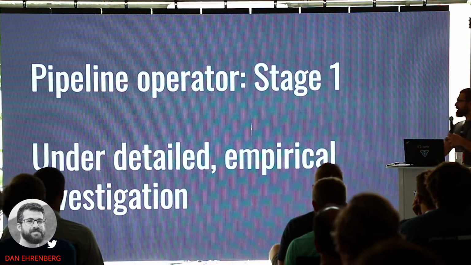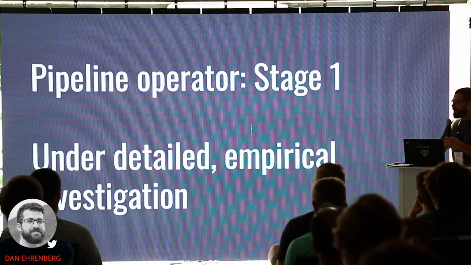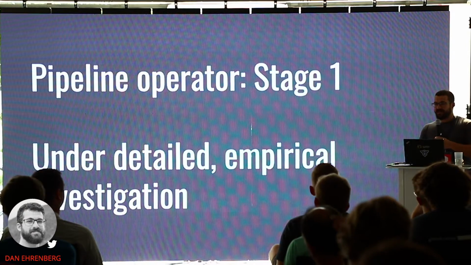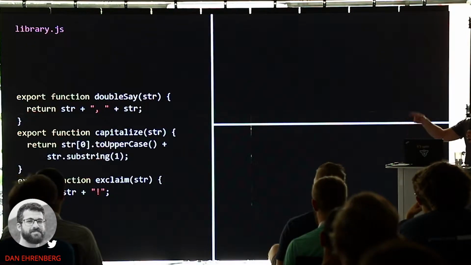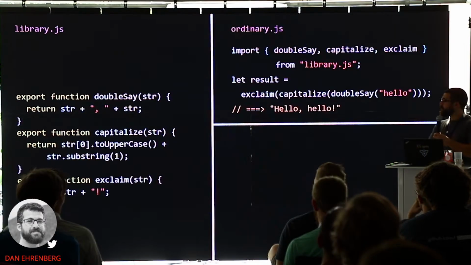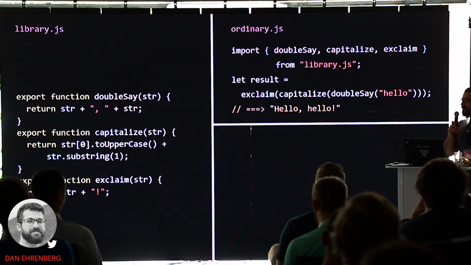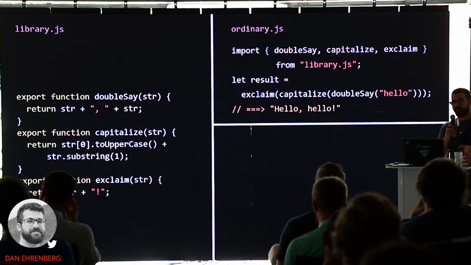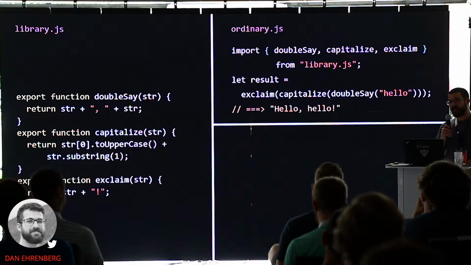So the pipeline operator, this is under detailed investigation with empirical data, with an effort led by Yulia Startsev. Say you have some functions that take an argument and they return something. Well, you could combine them using nested function calls, but this is actually kind of ugly, and a lot of people construct libraries that are written to use method chaining.